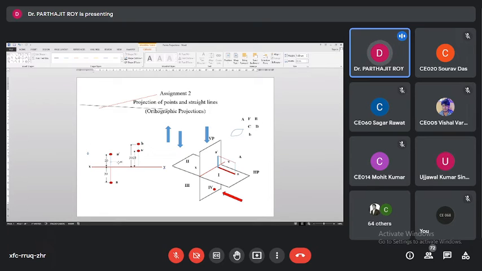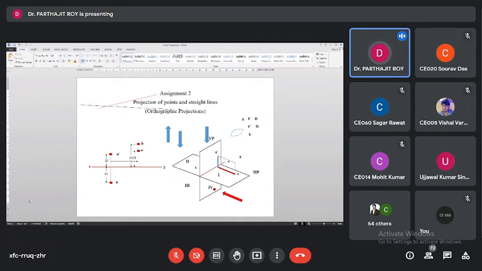So, Ujjwal, in your assignment, you will find that it may be mentioned to draw the projection of the points on the same ground line, keeping the projector 30 millimeter or 25 millimeter apart. So this distance between the projectors of two consecutive points will be 25 millimeter or 30 millimeter, whatever is given.